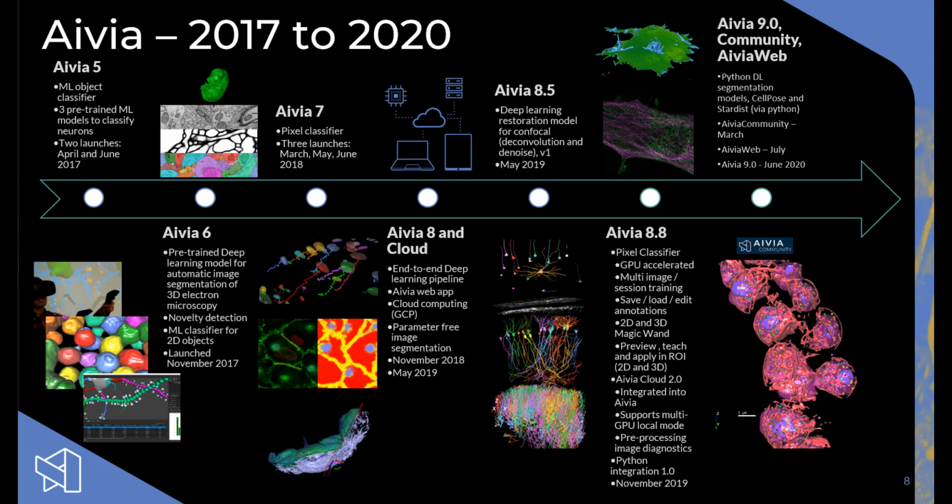We've been very busy throughout not only developing standard image analysis functionality, but in parallel adding quite a thick layer of functionality that uses machine and deep learning to our advantage and to the advantage of all the users that have Aivia.